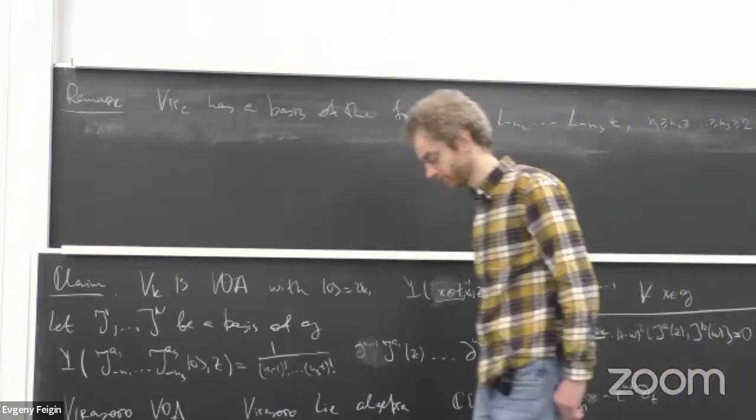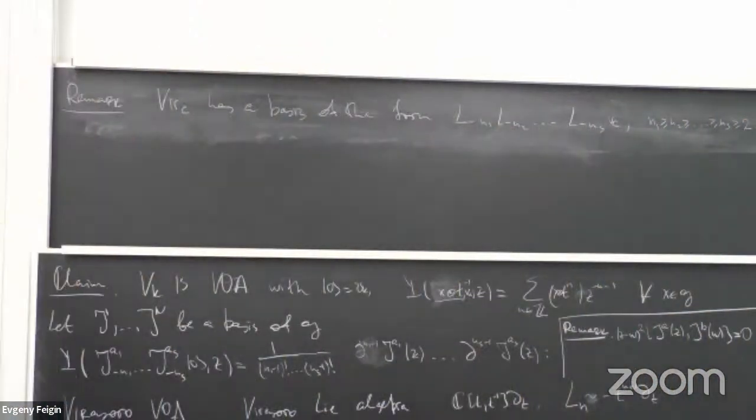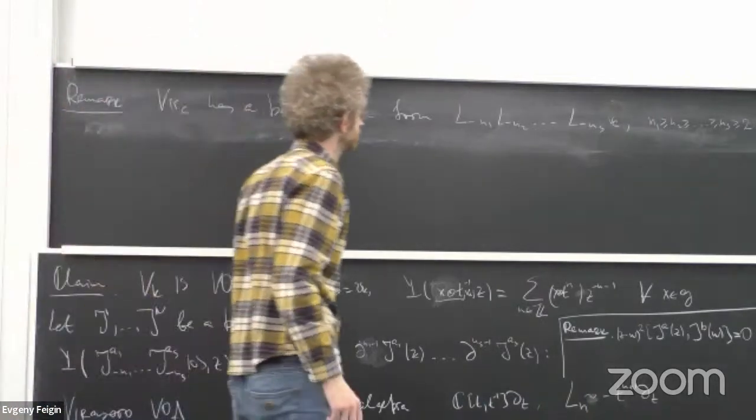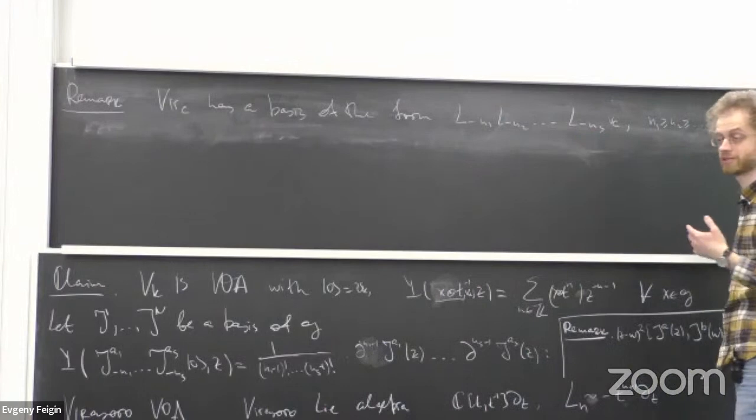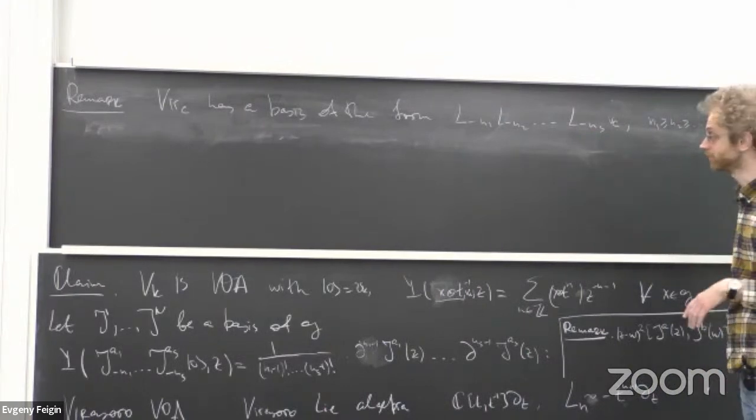And you see, this is actually the reason for the shift we have for our T of Z, because the operators we are applying start with minus 2 and then go down.